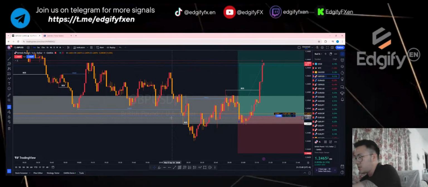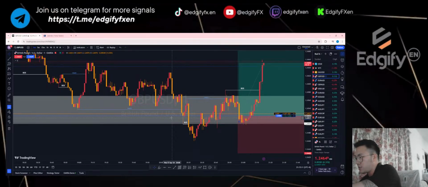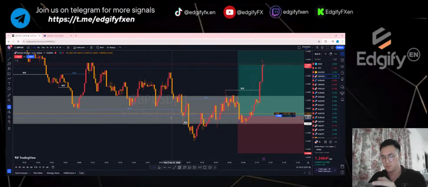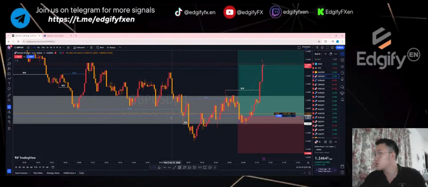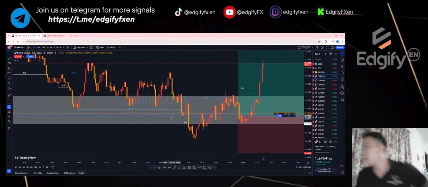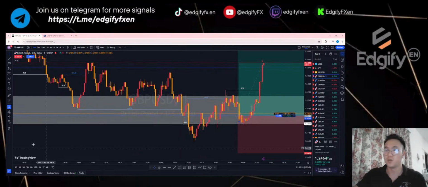This is my partial. I've taken partial already, and the rest I'm just going to let run first. Looking good, we are up by 11 pips. Congrats to those who have taken this trade, congrats to those who have followed.